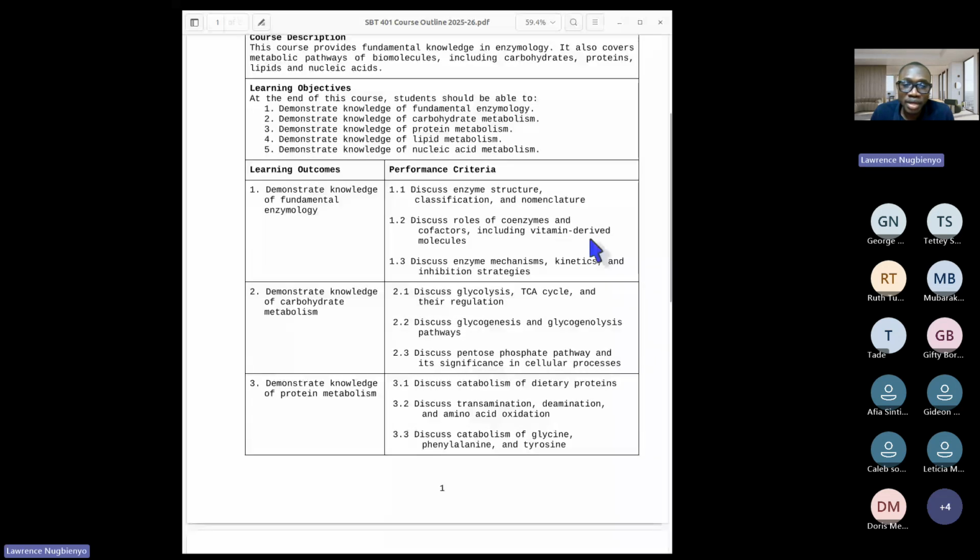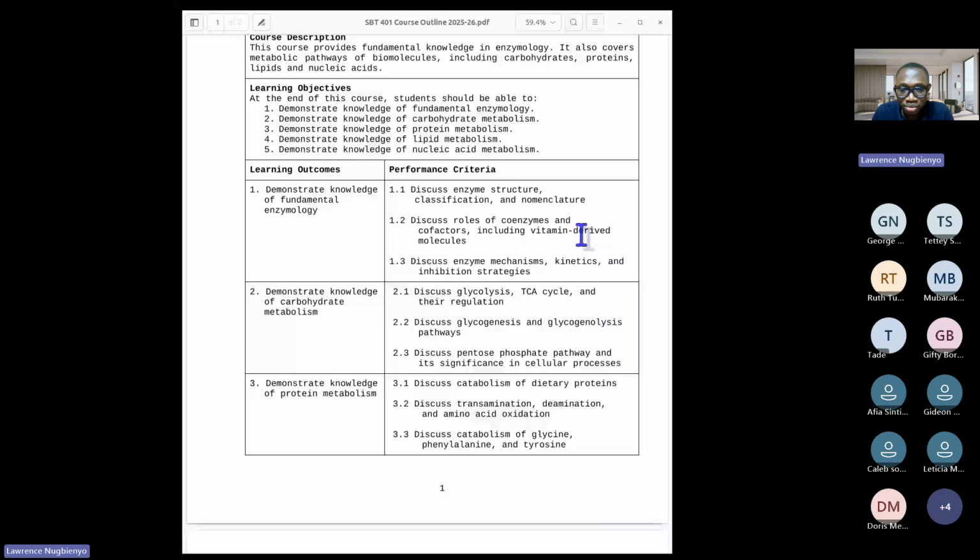We'll continue to look at coenzymes and cofactors. And then we look at some mechanism of action of enzymes, as well as inhibition of enzymes. So then we would have finished with that part in fundamental enzymology.